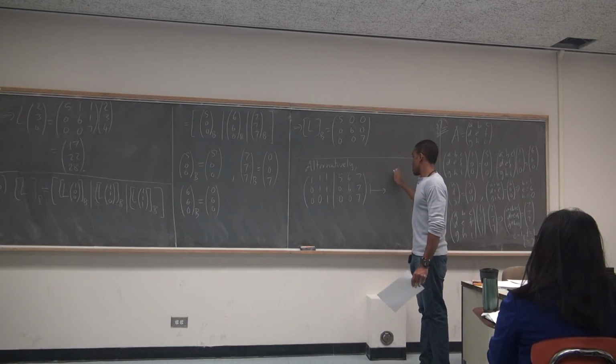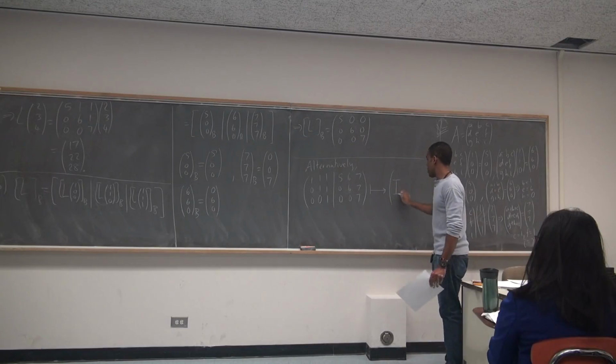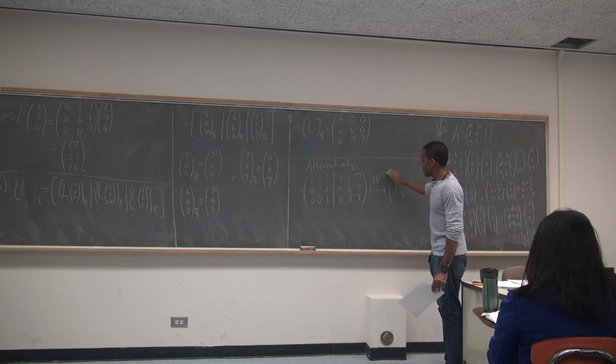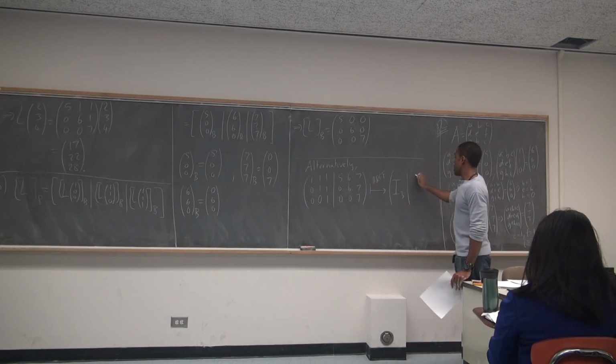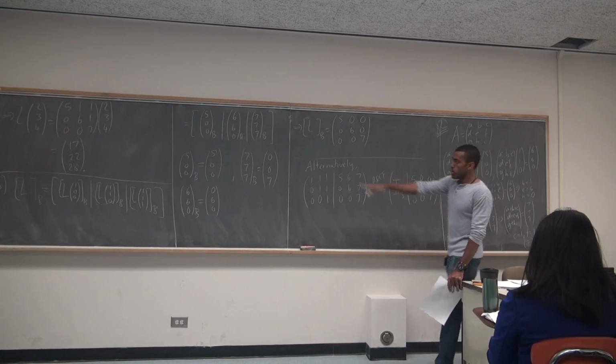And if I do the reduced row echelon form of that, I would get I3, and I would end up with that matrix. It's like solving all those systems all at once.